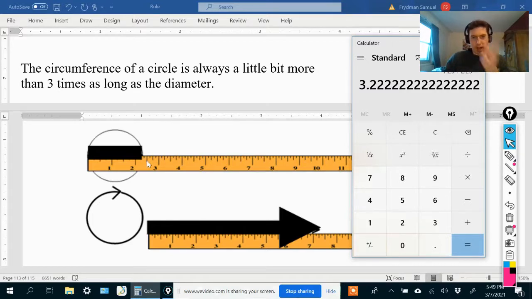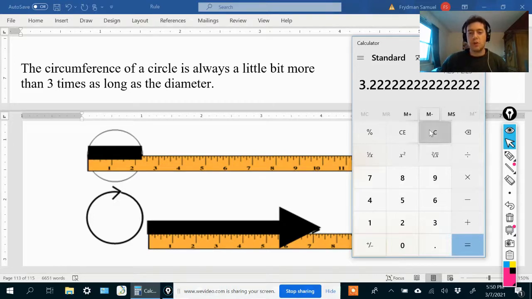And also I was just eyeballing it a little bit at the end. I don't know if that looked like it was about 2¼ but I was probably a little bit off there. So number 1, it's not a perfect circle that we're using. And number 2, I didn't do such a great job of measuring the diameter and the circumference with great accuracy.